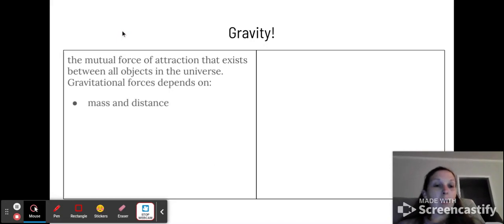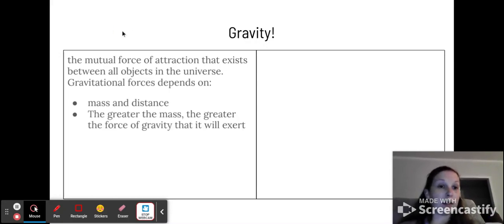But gravity, the way that we look at it in physics, does depend on some certain conditions: mass and distance. We have to look at the mass of the body, and the distance between the two objects that are experiencing the pull. The greater the mass of the body exerting the gravitational force, the greater that force is going to be.